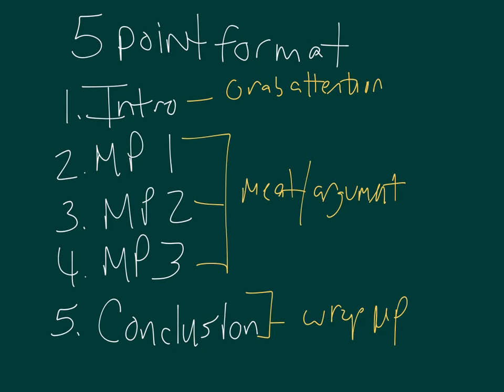So the intro first introduces us to the points, grabs the attention, and tells us, here's what I'm going to talk about. The main points are essentially those things that you're going to talk about. Okay, so here's the message: you all need to get better at writing, and one thing that will help you is the online writing lab that's available. The conclusion is the wrap-up. So overall, there's two ways you can get better: practice and the Writing Center. Use both of these as soon as you can. Blah, blah, blah. That's a wrap-up.